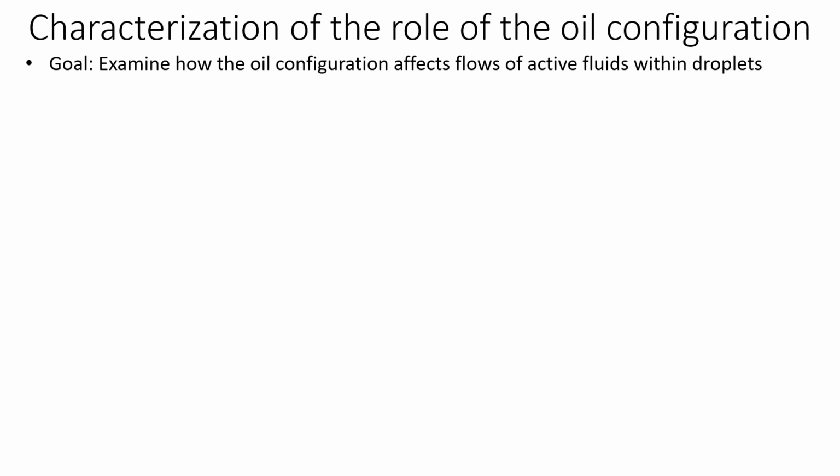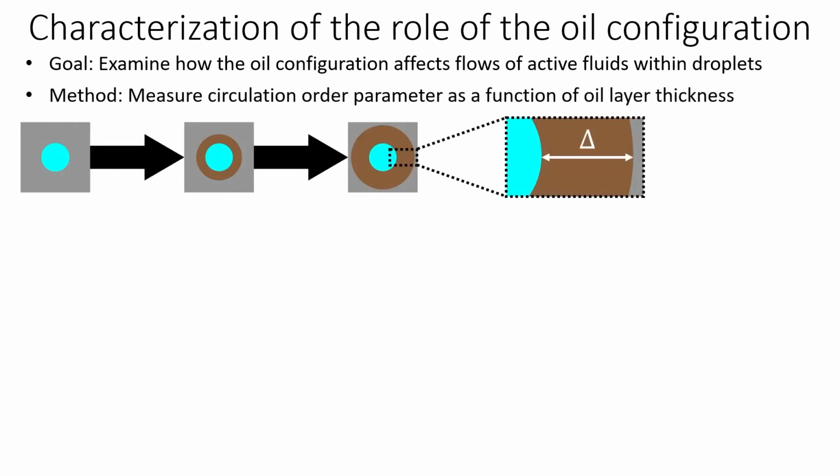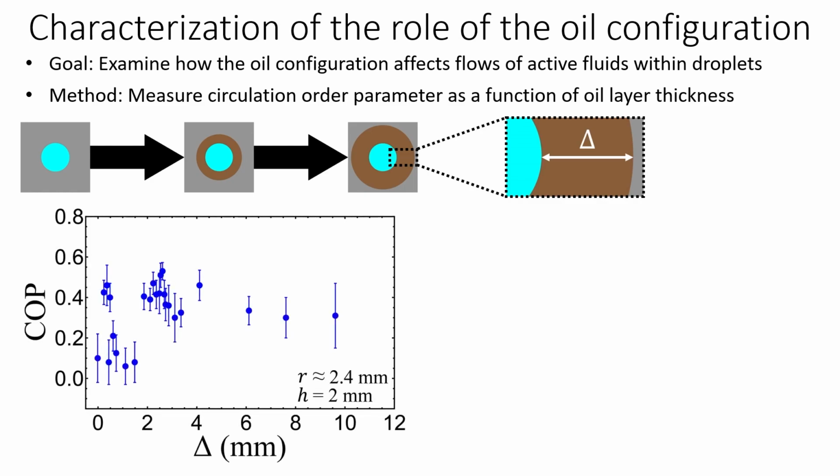To characterize how the oil configuration affects active fluid flows, we designed another set of experiments, where we measured circulation order parameter of active fluid within droplets of the same shape while systematically varying the oil layer thickness, and then plotted the circulation order parameter as a function of oil layer thickness.